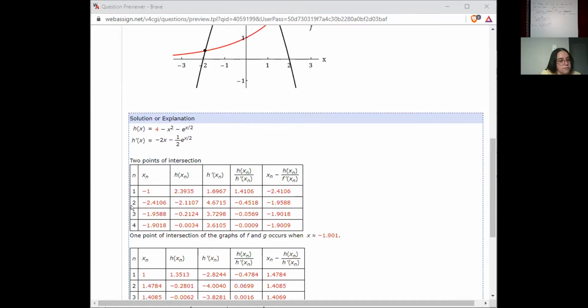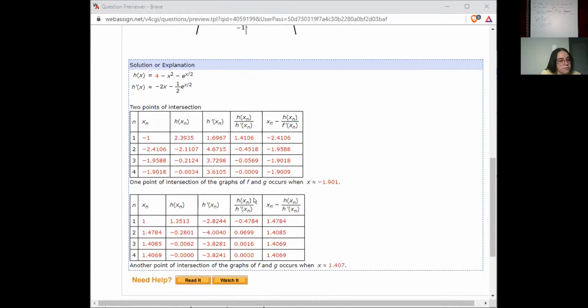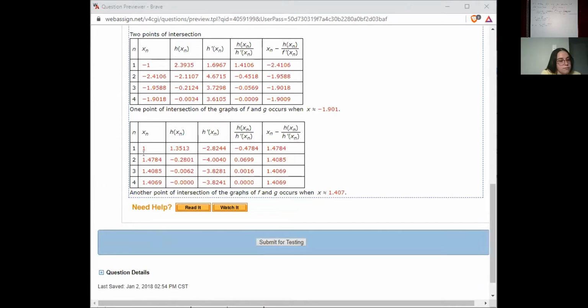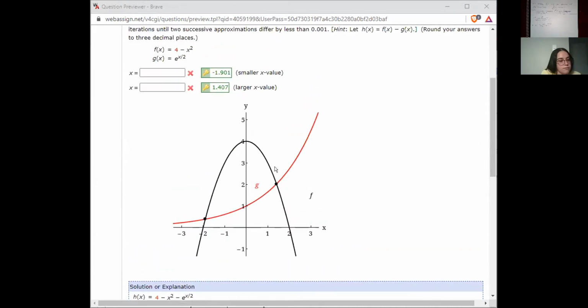So as I do the iterations, I want to get closer and closer to the one that's closest to the point that I chose. So if I want the bigger one, then I've got to pick a bigger number that's somewhat closer to that side. So over here, they just said, oh, well, let's choose +1, I guess. And as you keep doing it, you end up getting to here. So finding one of them depends on where you started. So it depends what you started with.